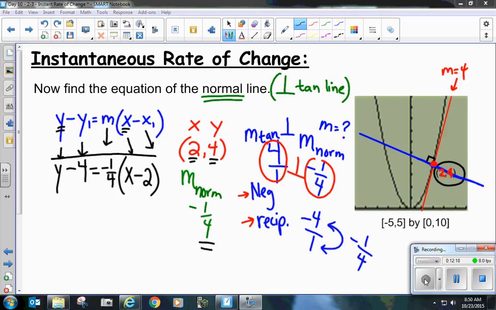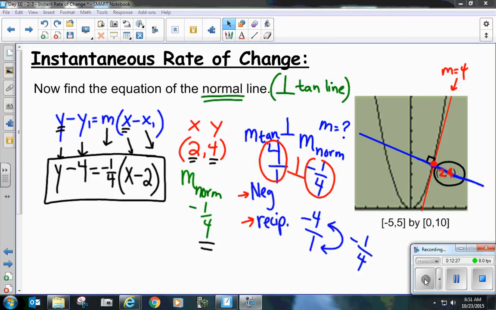And that is it. If you want to make that into slope-intercept form, I just set it equal to y. I'll have to distribute my negative 1/4, then bring over the 4. But since this question doesn't ask for it, I'm all done.